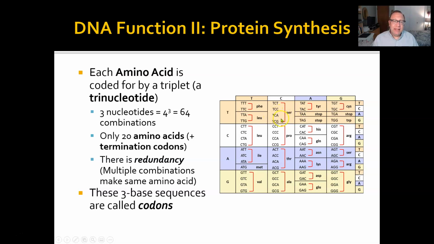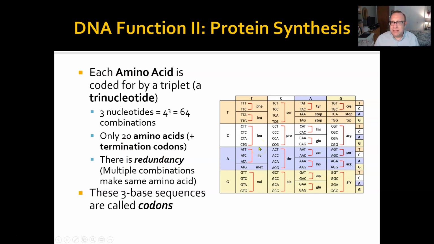That said, if, on the other hand, it wasn't the last letter of TCA, but, say, the middle letter, the C, that was different, so that you had TTA instead, then you'd have a completely different amino acid, and that could change the form and function of the resulting protein.